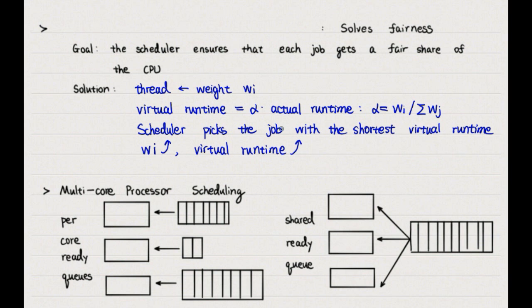Because the scheduler always picks the job with the shortest virtual runtime and the virtual runtime of the thread has increased, the thread gets to run less frequently. This mechanism here is called Linux Completely Fair Scheduler.